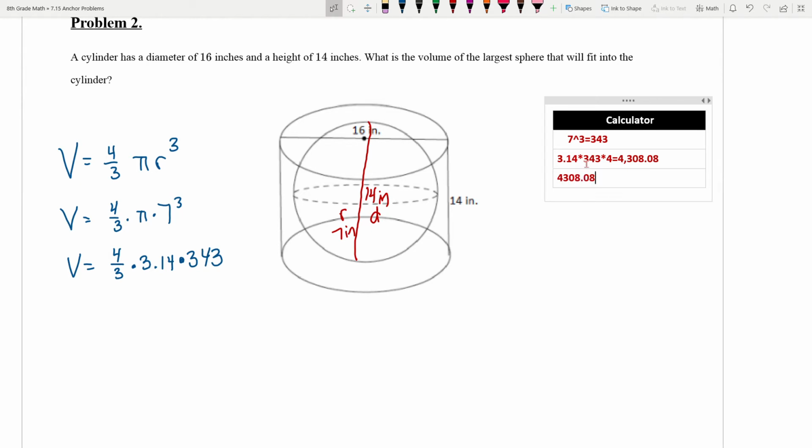Once you have that, multiply or divide that now by 3. Because multiplying by the 4 and then dividing by 3 will get you an answer that's the same thing as multiplying by 4/3. So our volume is 1,436.03, because if we look to the hundredths place here, the 6 is going to round the 2 up, and this is inches cubed.